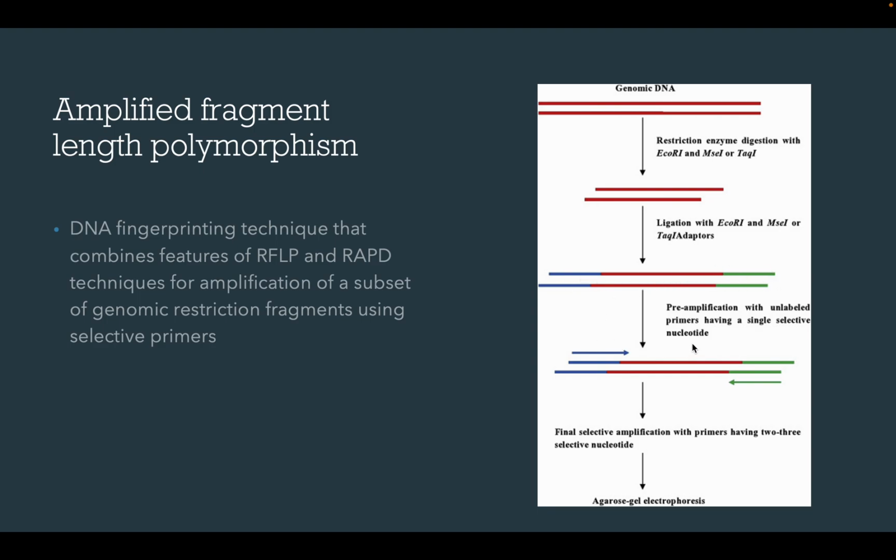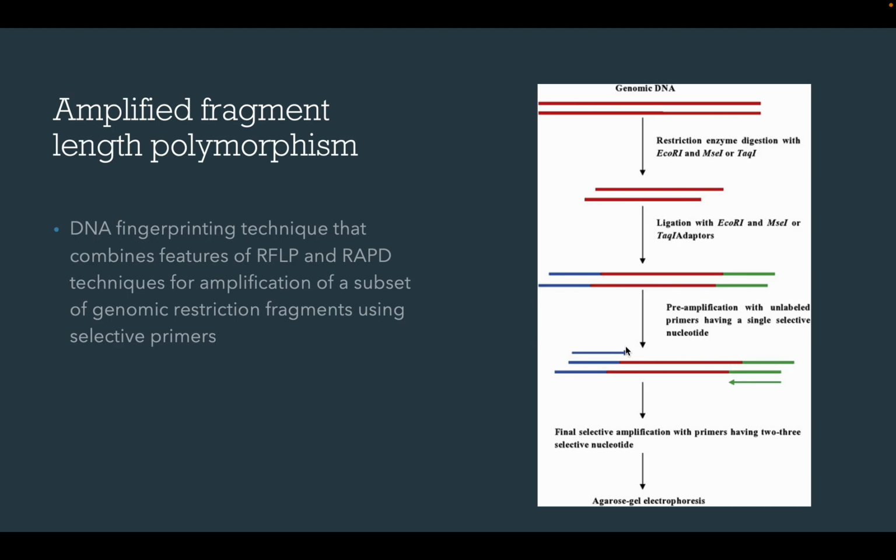And then we do the amplification by PCR using primers for which we know the sequence of this adapter, and then we take only one single selective nucleotide from this sequence. So suppose there are individuals in which there are differences in the first sequence from here.